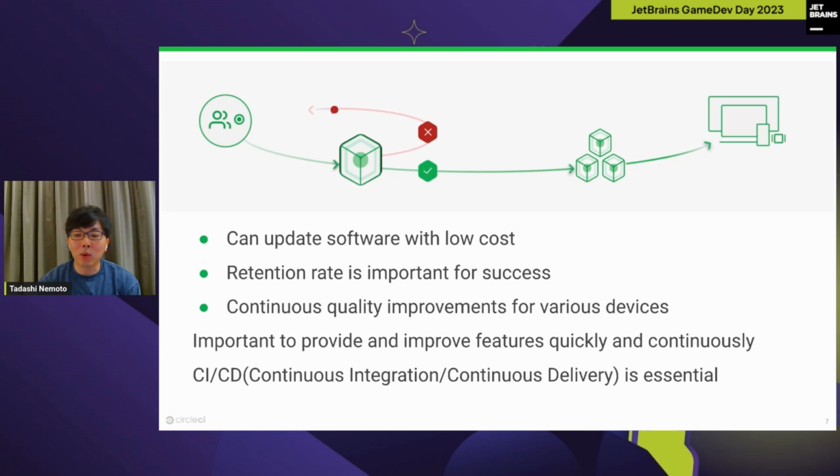Third, since mobile games are played from various devices, even from tablet, we should continuously improve its quality for various devices. Therefore, it's very important to provide and improve features quickly and continuously. And CI/CD is essential for this development.